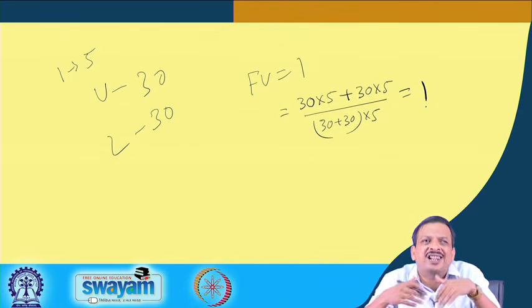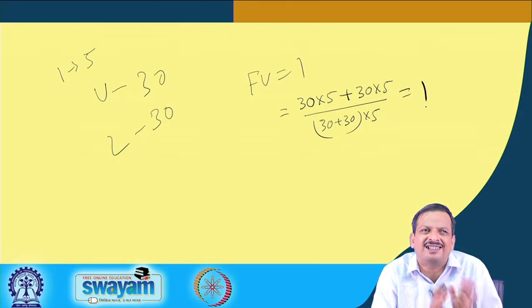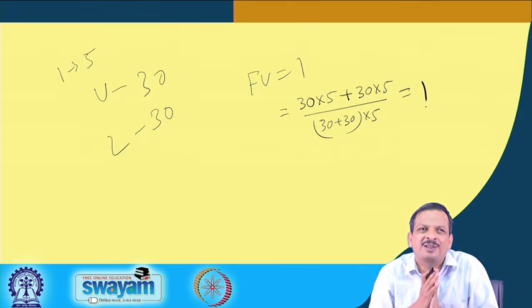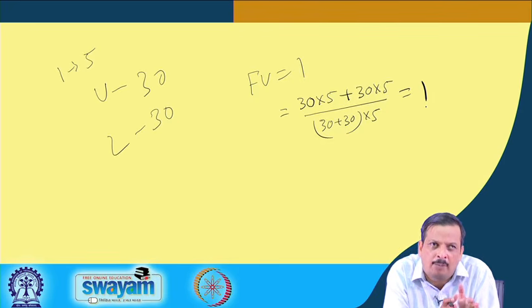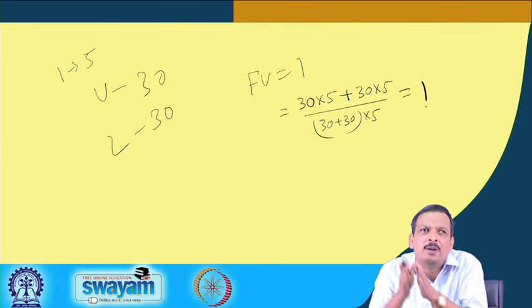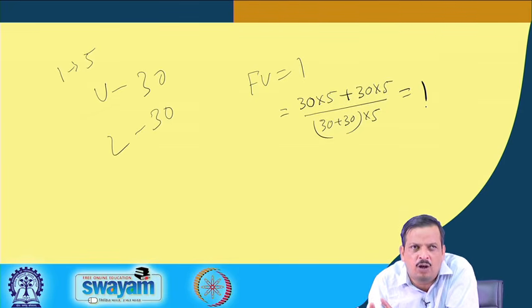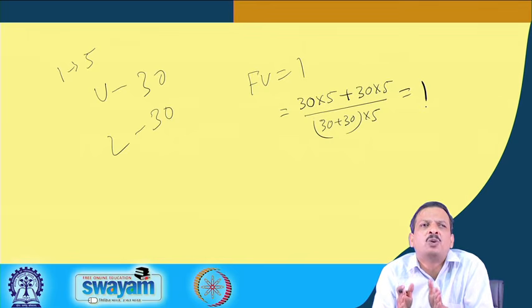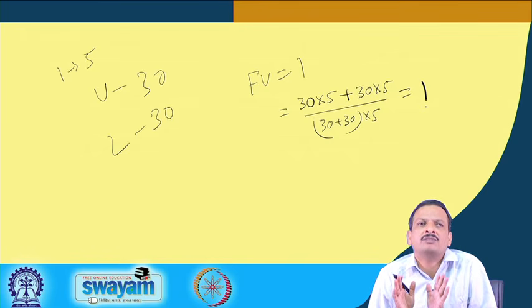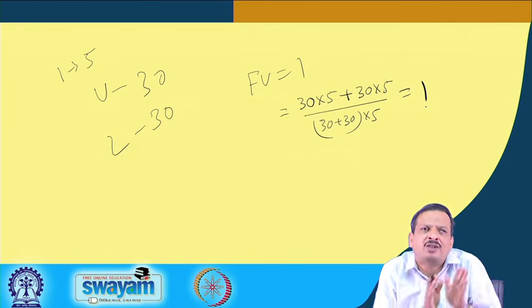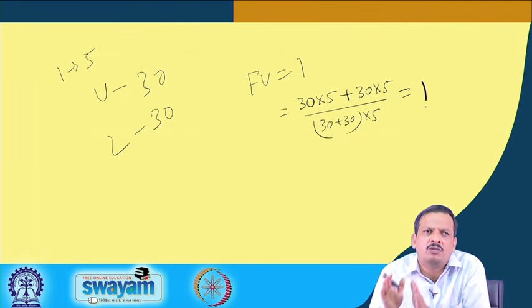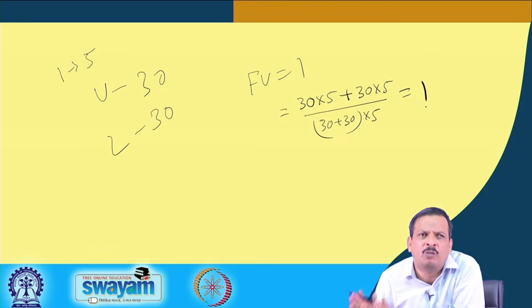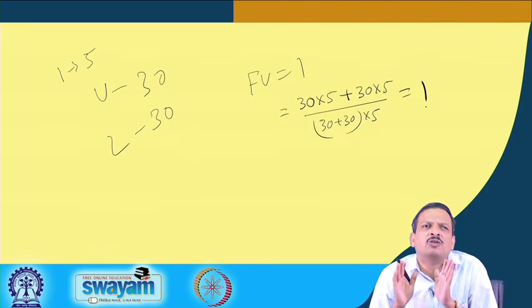So, let us derive the formula, do not see the slides. Marks obtained by upper group plus marks obtained by lower group divided by the total group marks. If all 30 students of the upper group and all 30 students of the lower group are given full marks, then the FB value is 1.